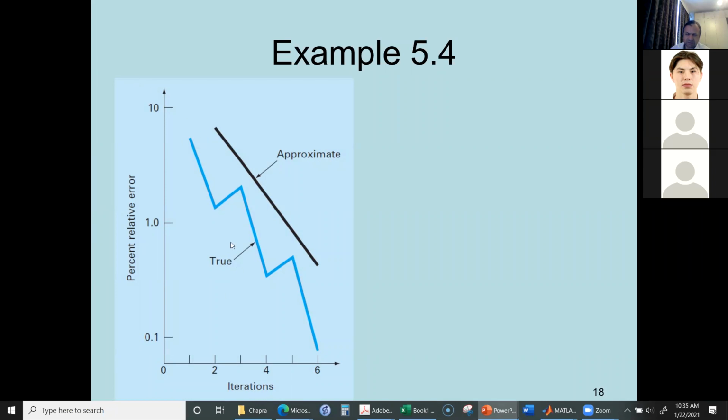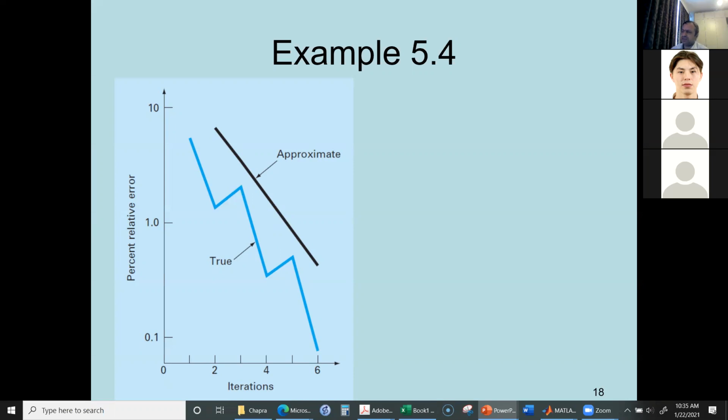As the number of iterations increases, the approximate error continuously decreases. However, there is a zigzag situation in the true percentage error. In some initial stages, the true percentage error decreases and then increases a little bit, and then decreases and then increases a little bit.